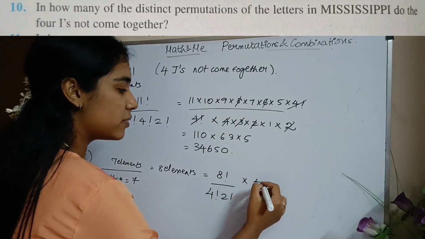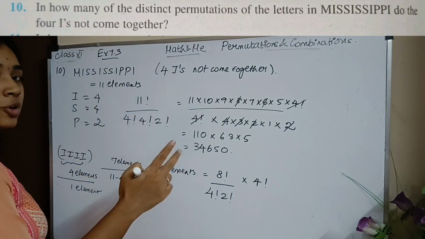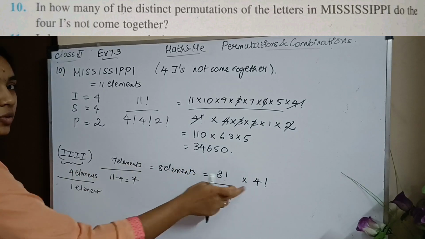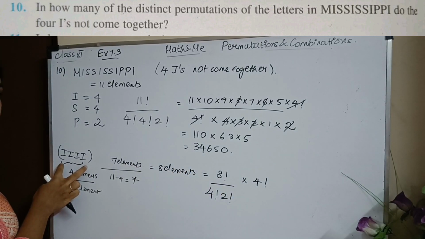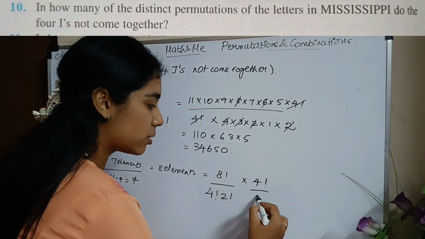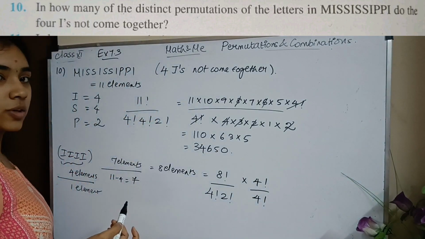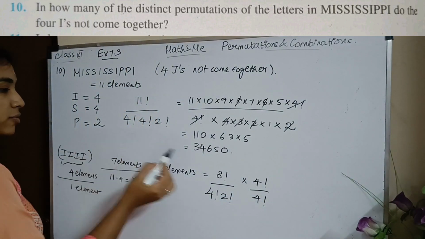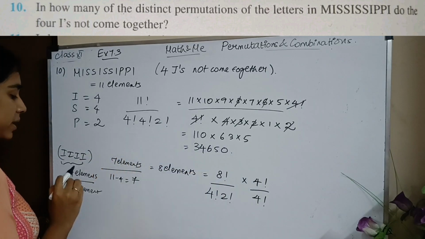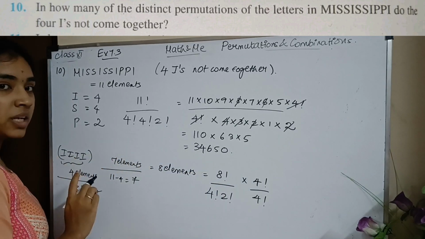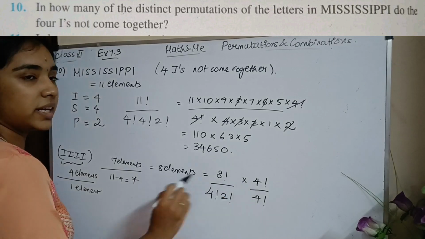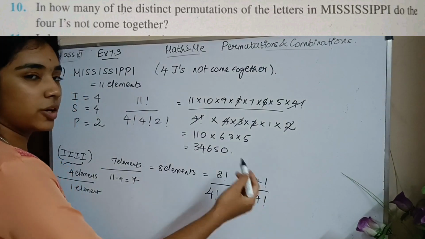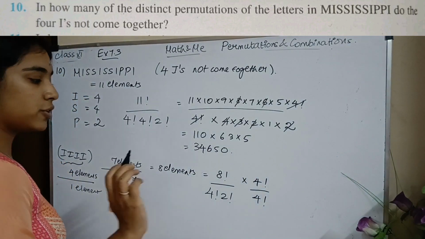The 4 I's can permute within themselves in 4 factorial ways, but I have 4 identical elements, so I have to neglect that. So it will be 4 factorial divided by 4 factorial. Understood? The 4 I's can permute in 4 factorial ways, but they are indistinguishable, very similar elements, so we neglect the 4 factorial. This term is basically equivalent to not writing, but let me write it for you to understand.